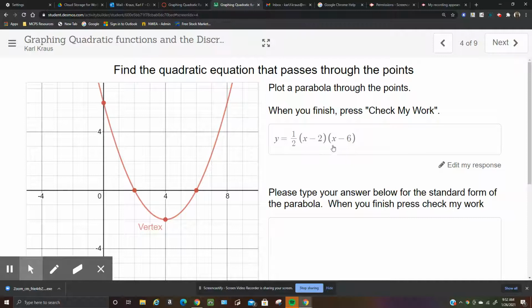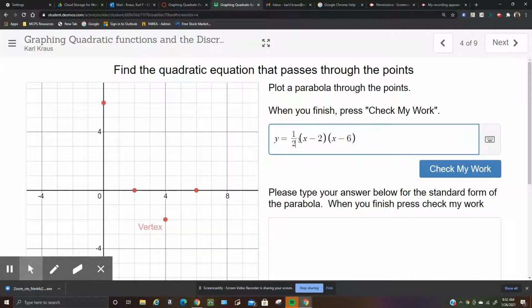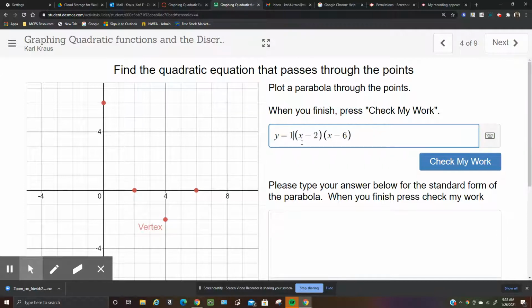If you don't want to guess, I'm only going to show this one time, and then you can do it for other parabolas if you like. If we don't know what a is, and we don't want to guess, then we need to plug in a point other than these two intercepts. So I'm going to plug in (0, 6). When y is 6, x is 0.